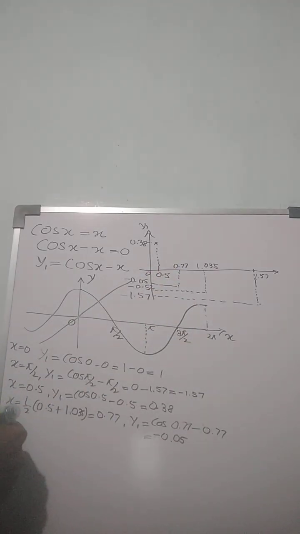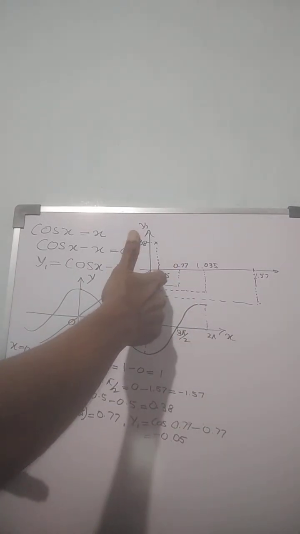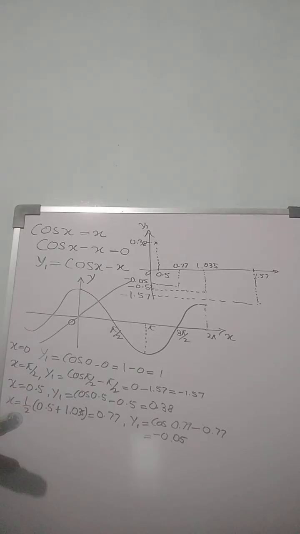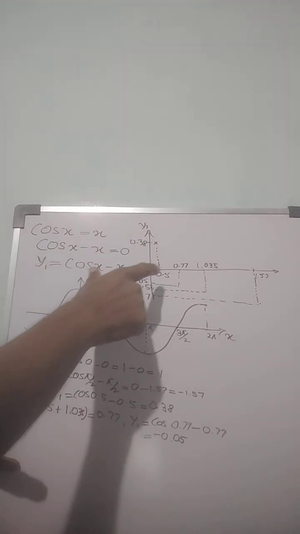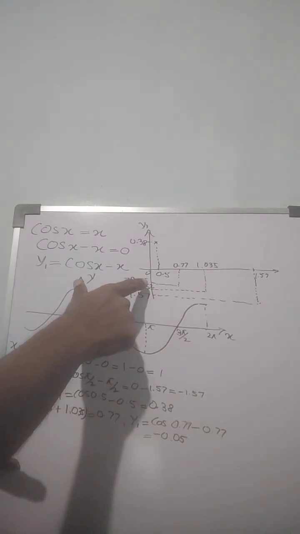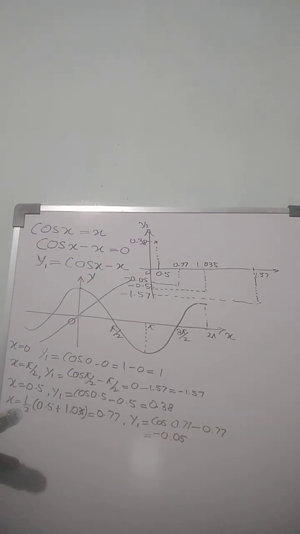Now you can imagine the solution is in between 0.5 and 0.77, because at 0.5 the y value is 0.38, and at 0.77 the y value is minus 0.05.